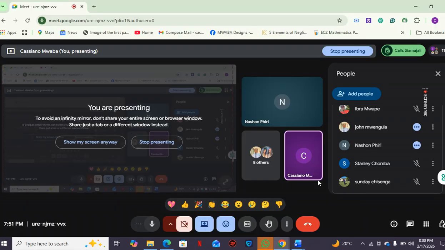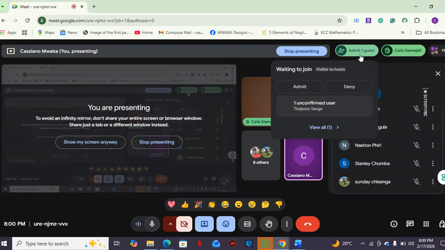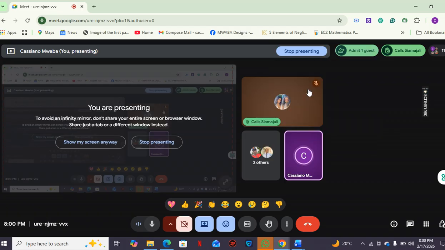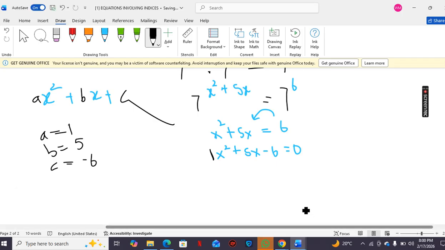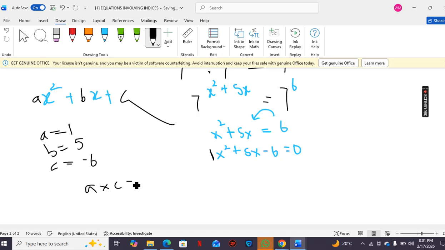So once you have done that, next thing you need to do, you multiply a times c, which is 1 times negative 6, that will give you negative 6.